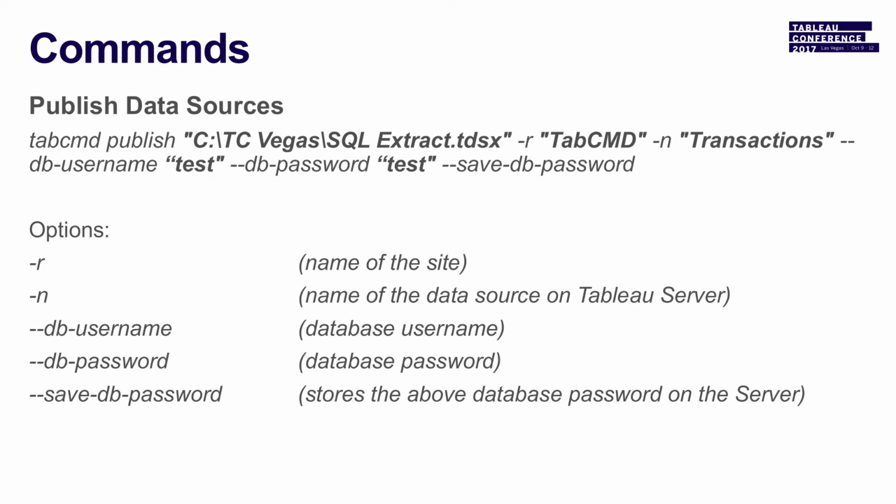So in this case, I've got a packaged TDSX, a packaged Tableau data source file. And as I'm publishing this, I can pass through the username and password that's required to refresh that file. So I might need that. I'll definitely need it if I want my refreshes to run successfully. So it's important to know that you need to specify those at the time of publishing.